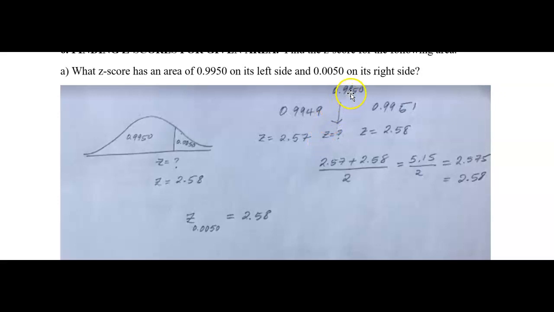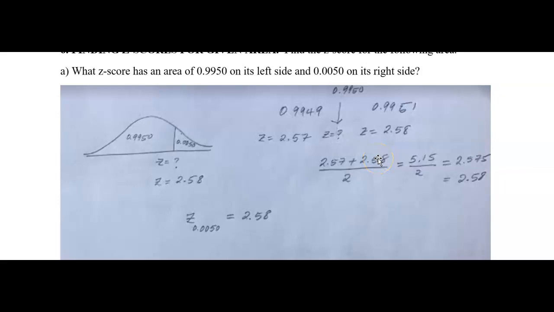So the z-score for 9950 has to be in between the two of them. So to find the number that's between the two of them, you add the two and divide by 2, right? So add the two z-scores, divide by 2, and you get this number here, 2.575, right? That is this number that's exactly in the middle between these two.